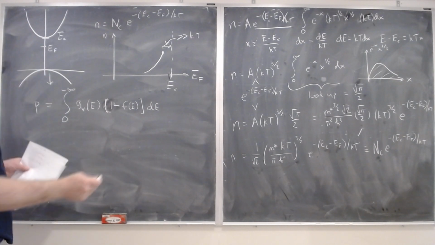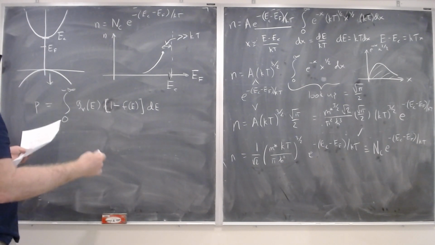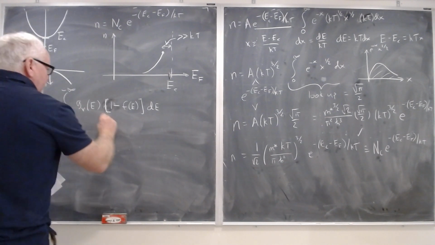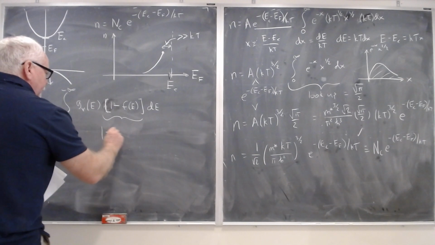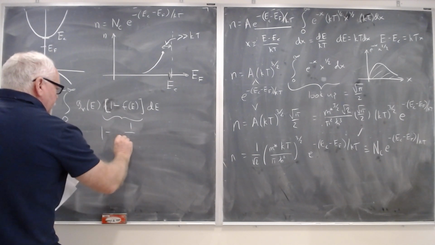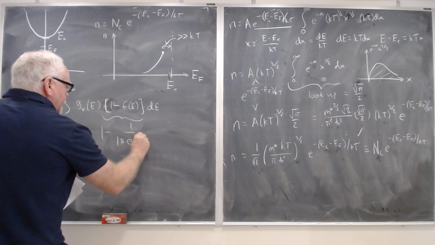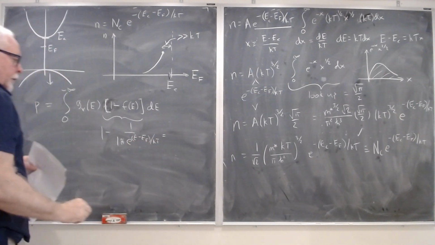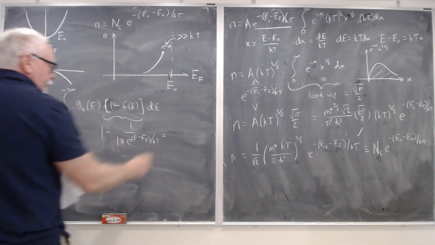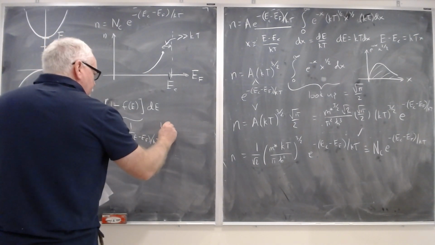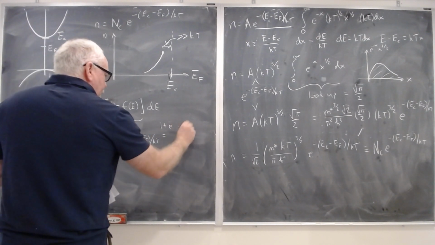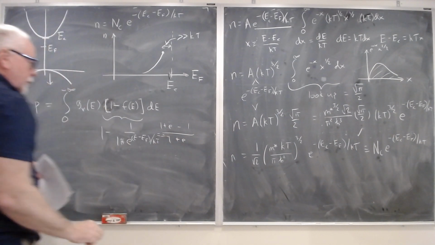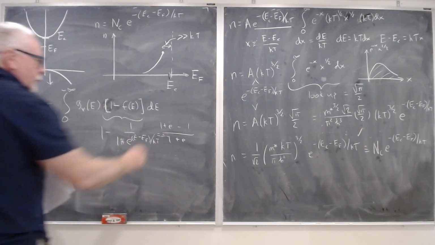Now, what I want you to do is think about inverting this. All right, so that is 1 minus 1 over 1 plus e to the (E minus EF) over kT. All right. Now, if I do that, right, that's 1 plus, I'll just put e there, minus 1 over 1 plus e, where I'm not writing out the whole thing.